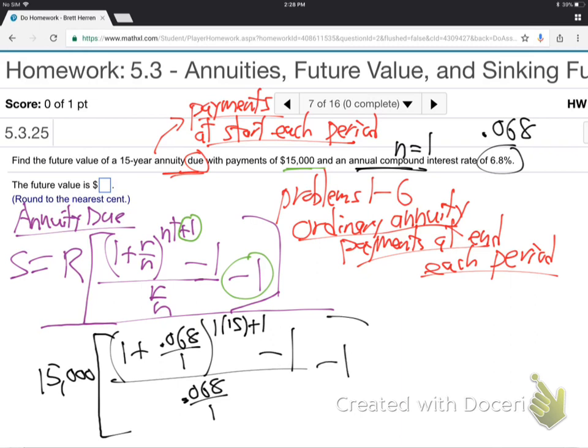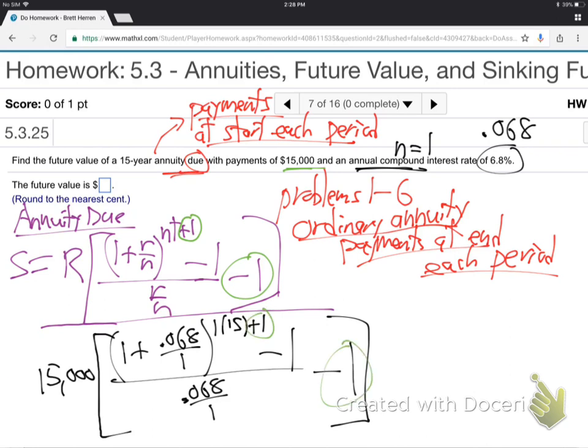There's a lot of minus 1s, huh? Well, there's 2 minus 1s. That last minus 1 is for the entire thing, after you have the whole fraction done. So there's the 2 new pieces, this piece and this piece.